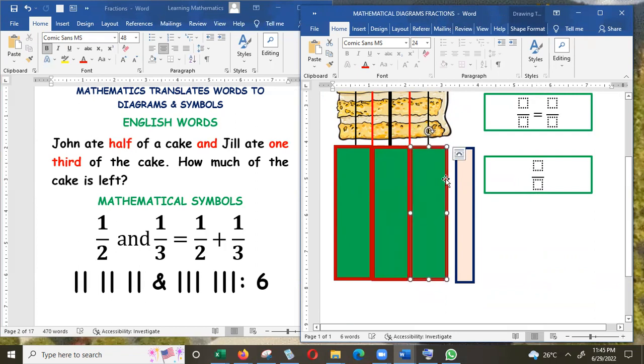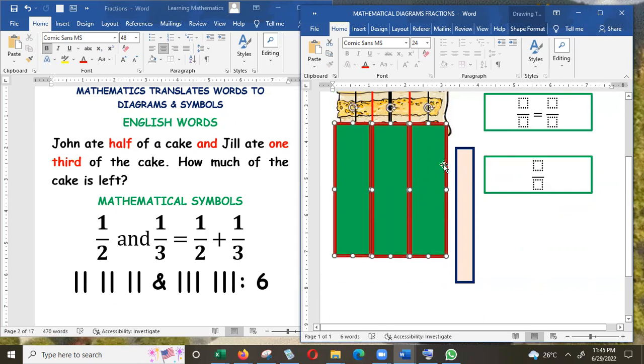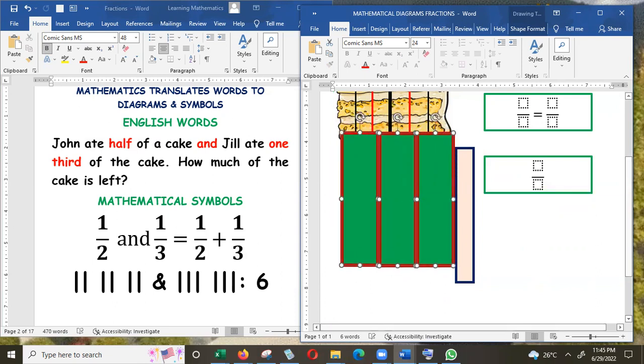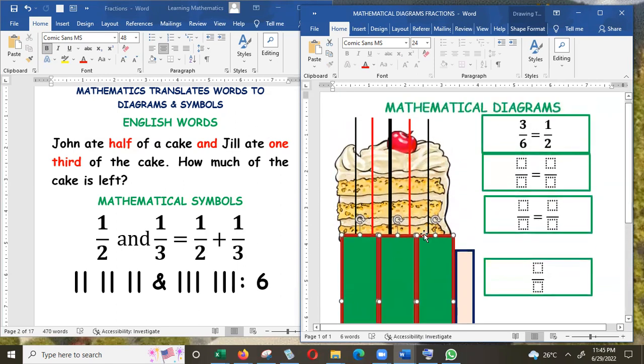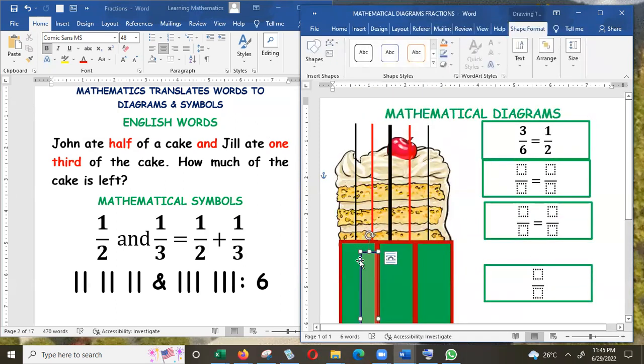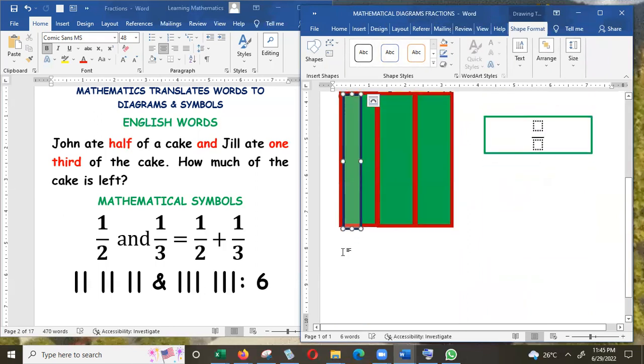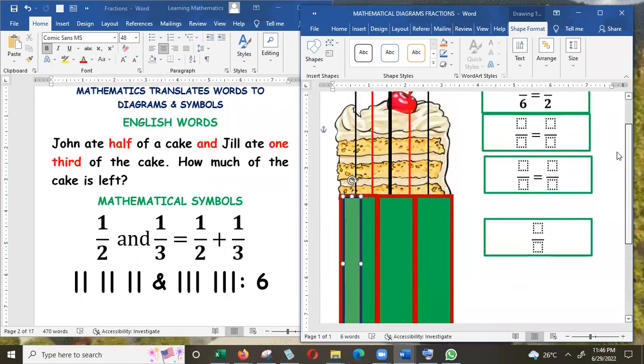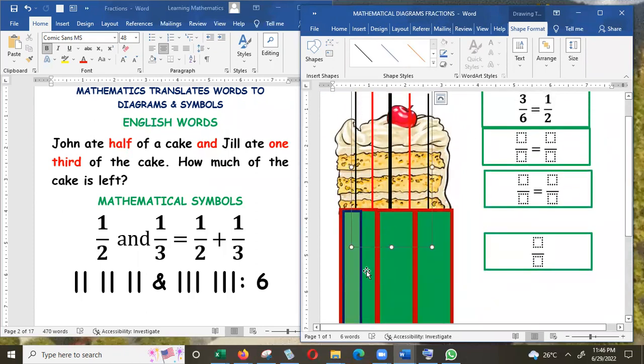So here's the cake divided into 3 equal slices. So 1 out of these 3 equal slices, here it is. 1 out of these 3 makes up 2 out of 6, because this blue is actually 1/6.